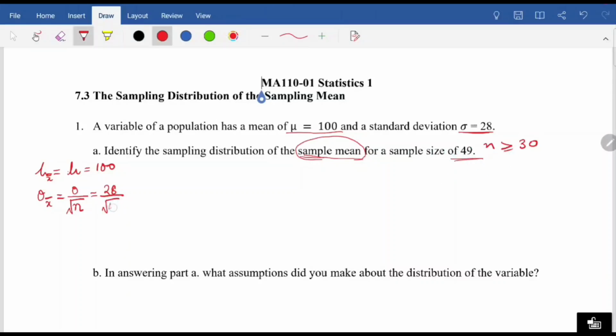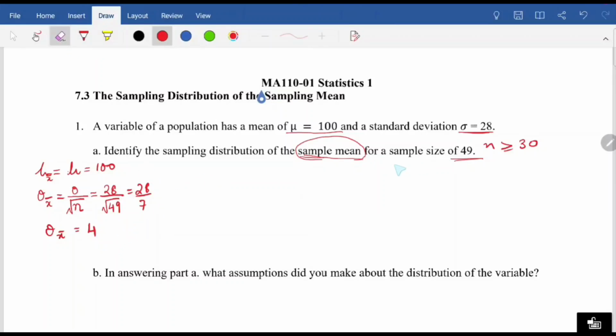So the square root of 49 is 7, which gives 28 over 7. So sigma sub x bar, the standard deviation of all the sample means, is going to be equal to 4. It's divided by 7, but the standard deviation calculates to a value of 4.